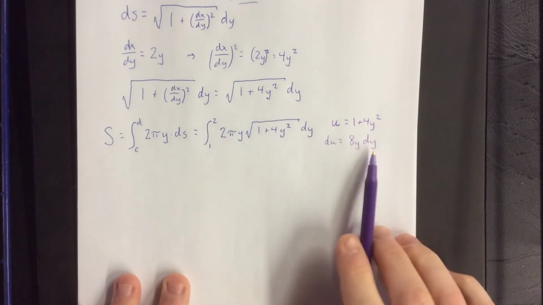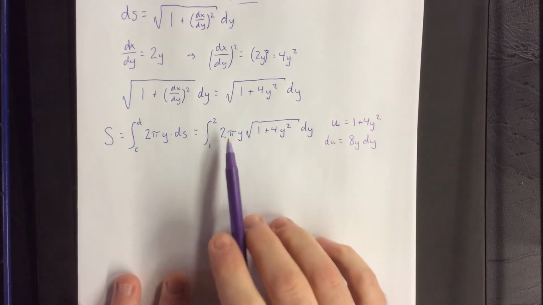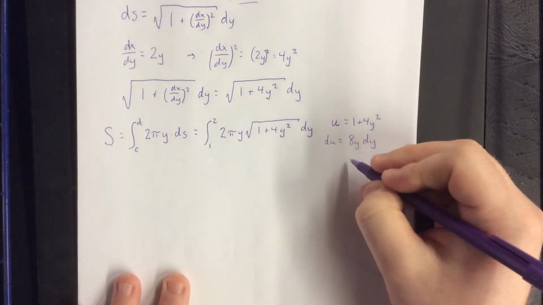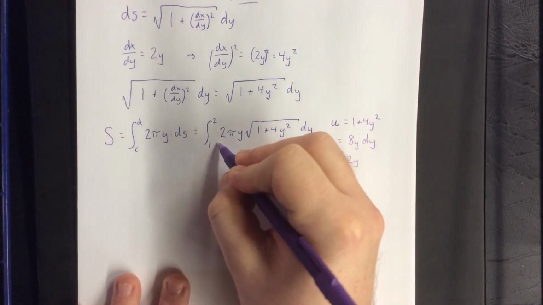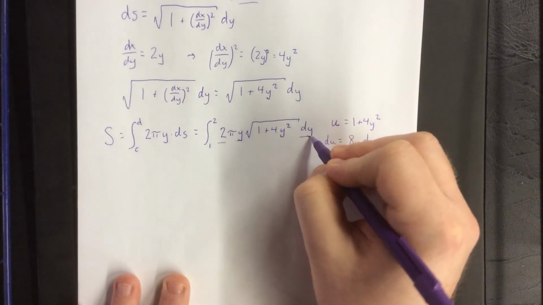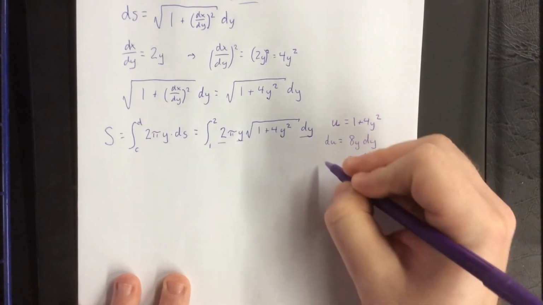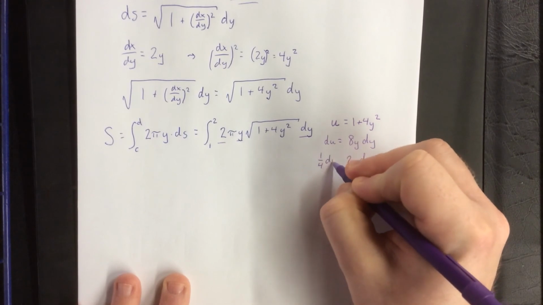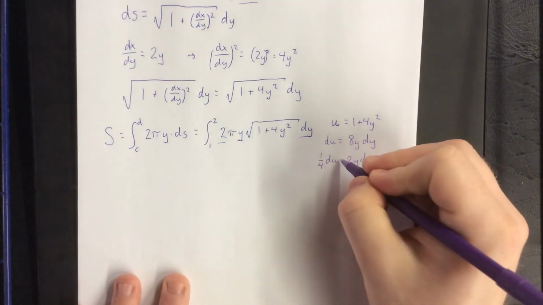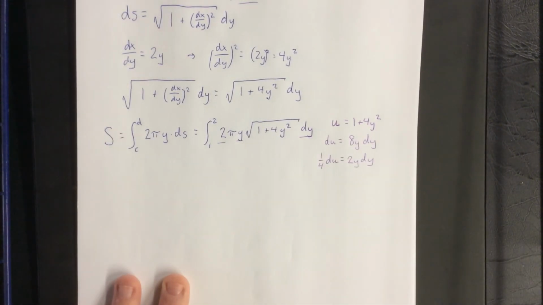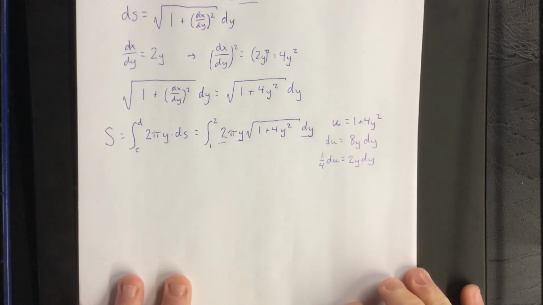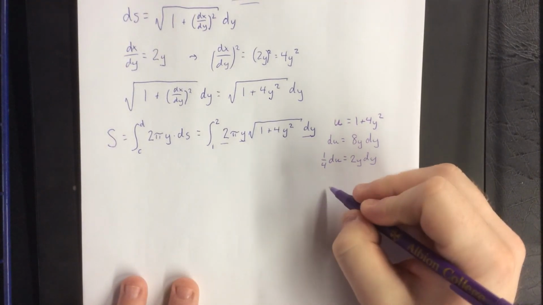Now, I don't have a spare 8y dy lying around, but I do have a 2y dy lying around. So I'm going to borrow this 2, this y, and this dy, and dividing both sides by 4 will let me know what that's equal to. So that 2y dy will become 1/4 du in the next step.